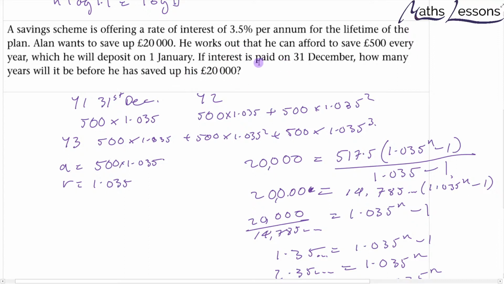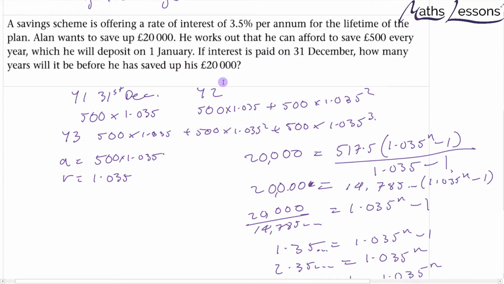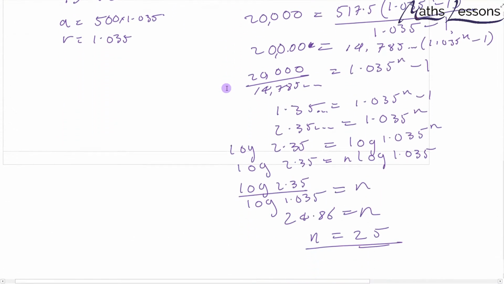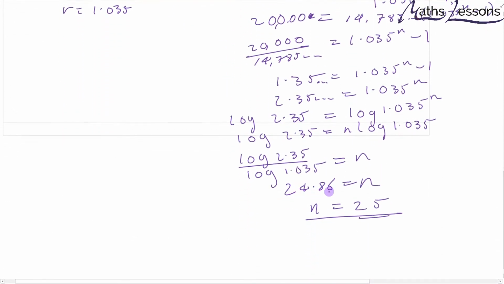We don't need to work out the amount, we just work out how many years. We know that if you have n as 24, the sum's going to be less than 20,000. Therefore, it's the end of the 25th year, because remember we did it on the 31st of December, to take how long it's going to take him to save up his £20,000.